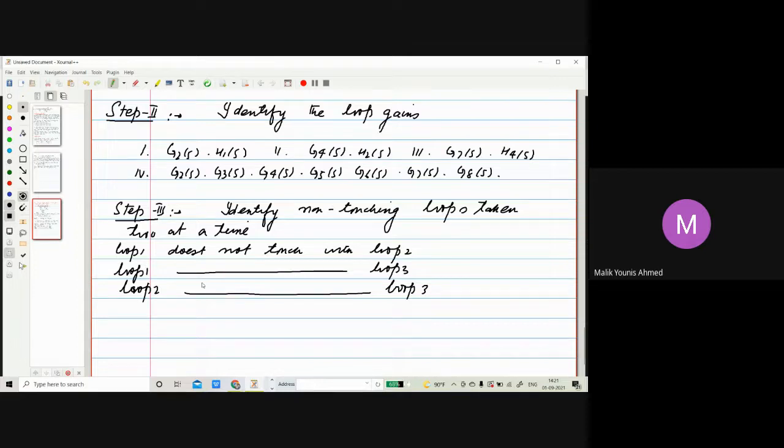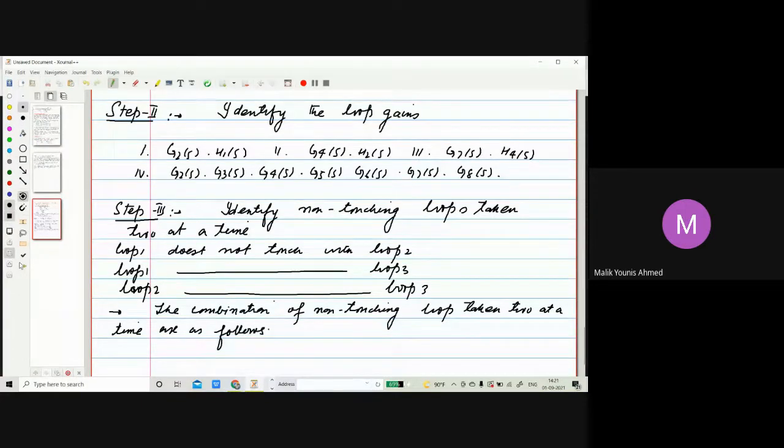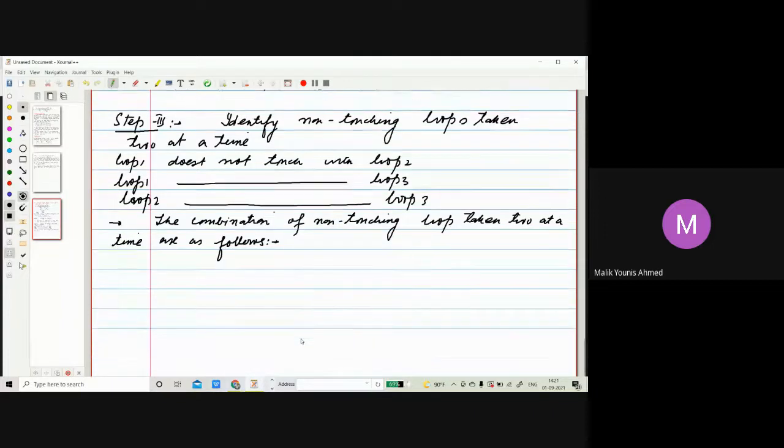The combination of non-touching loops taken two at a time are as follows. So combination will be as follows. Let us see what's the combination now.